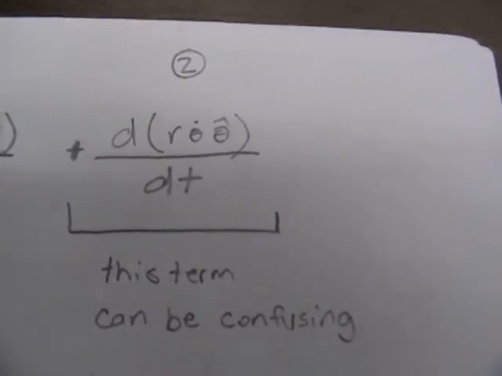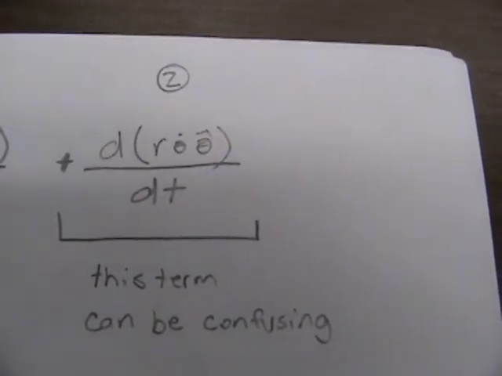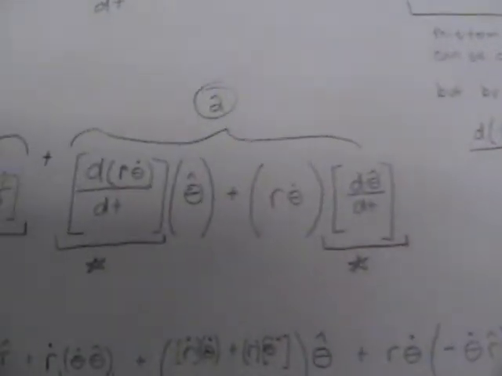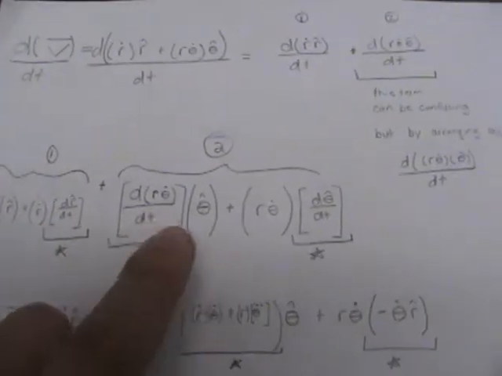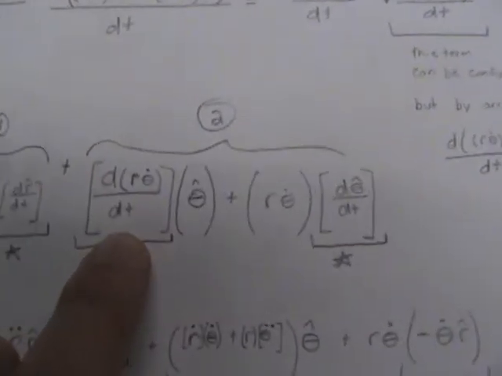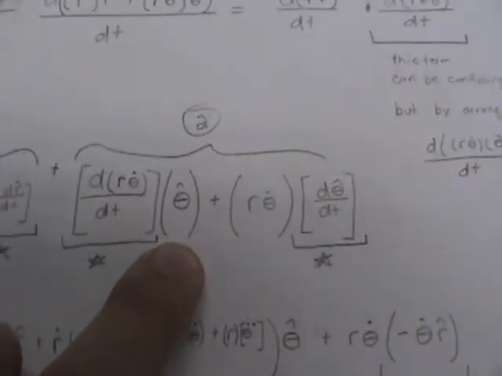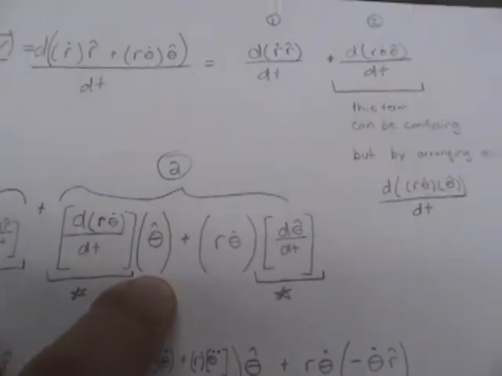To take r theta dot, those first two terms, and make them one term. So anyway, the first term is the product rule. The second term, which is really the first two terms with the derivative of the first two terms, multiplied by the second term, theta hat.